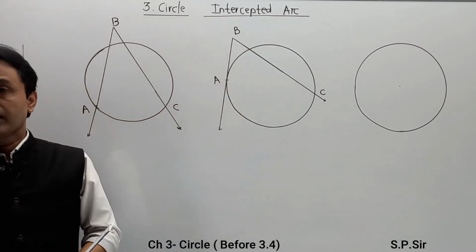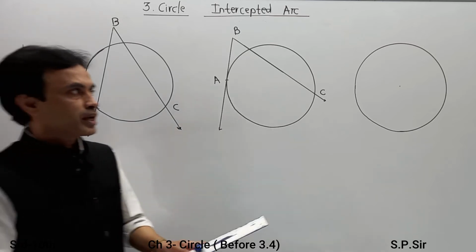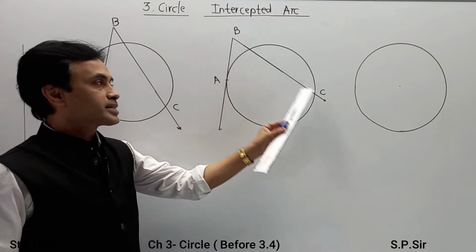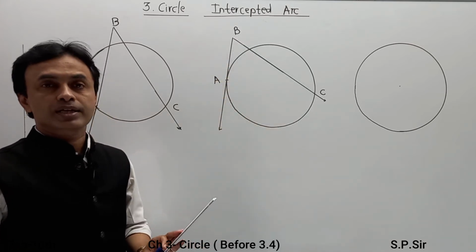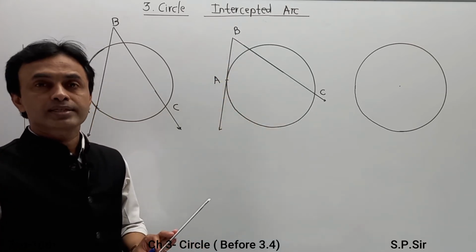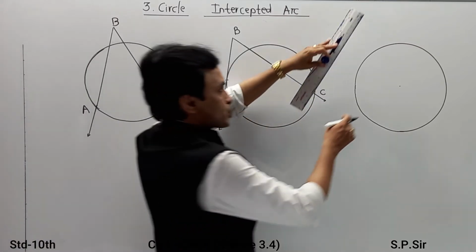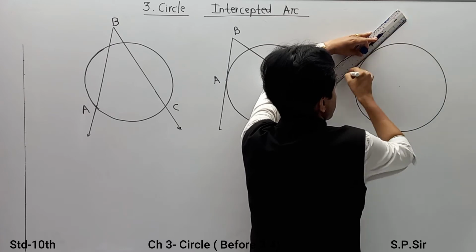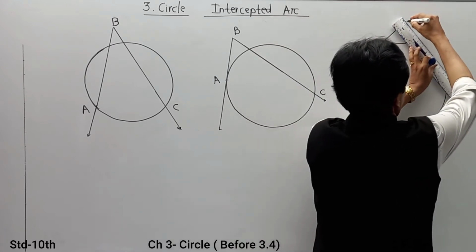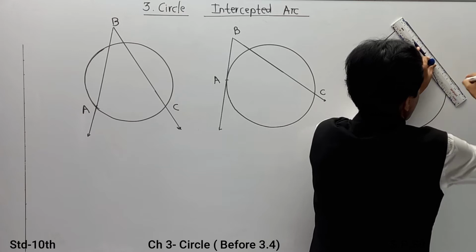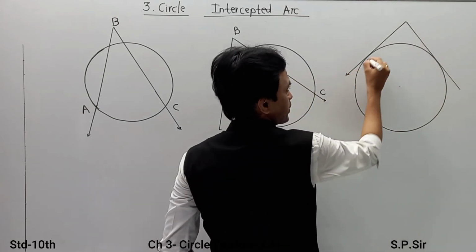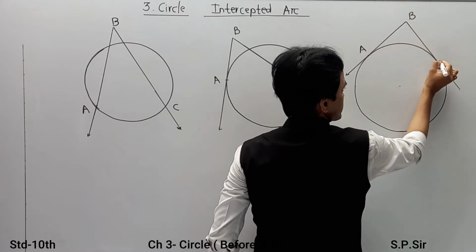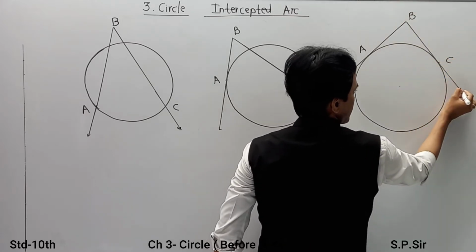Now in the last part we are going to draw, where we have drawn one line as a tangent and the second as a secant. Now I am going to draw a circle such that both the lines act as tangents. Let us say I have drawn one angle and the name of the angle remains the same, ABC.